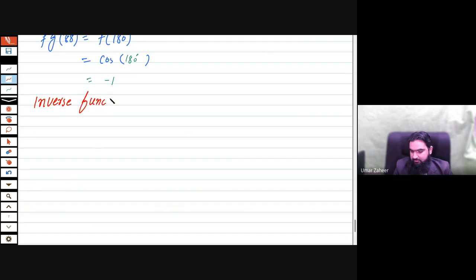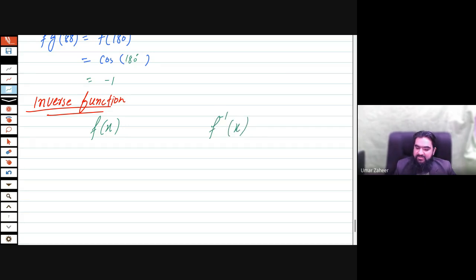inverse functions. Taking the inverse is going to be really easy, but always remember, if you have f of x, the inverse is f inverse of x. It is the same as in addition: you have 2, and the inverse of 2 is minus 2. You add them, you get 0.